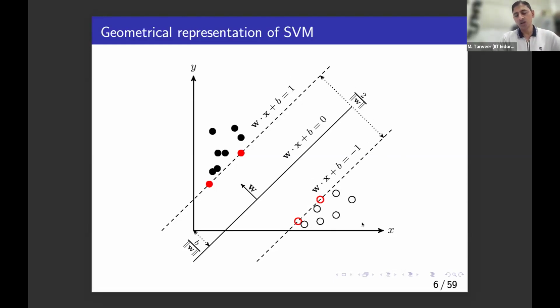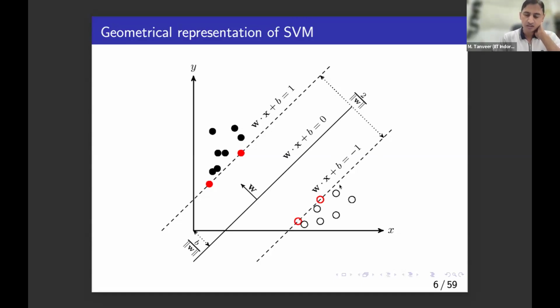Now further, there is a possibility that a positive class data point may lie on the other side, wrongly classified. As I mentioned, in the standard linear SVM without error, we are simply maximizing the distance 2 upon norm of w, subject to the condition that the data points should be above this plane and below this plane.